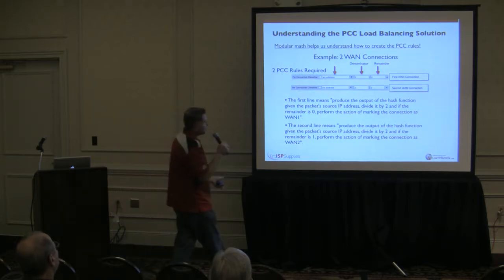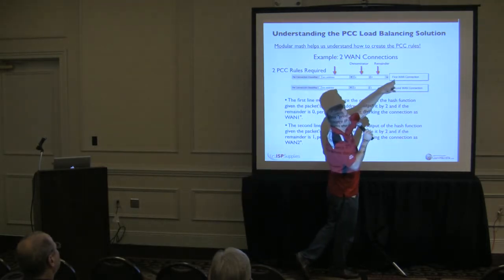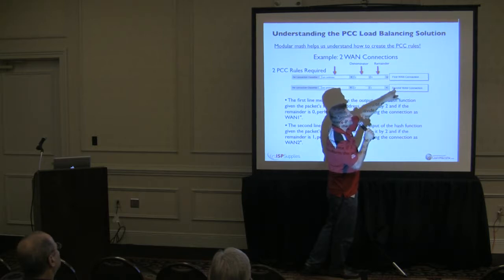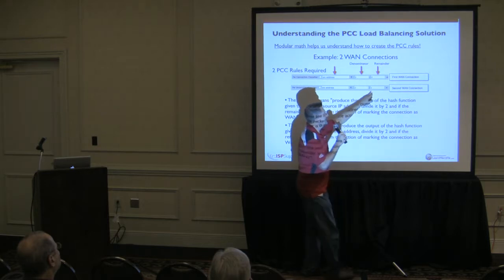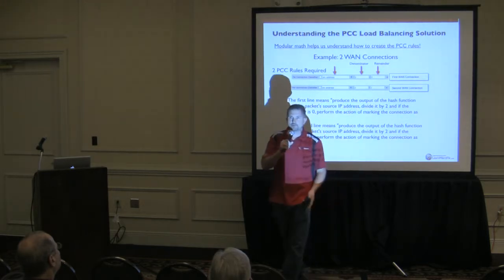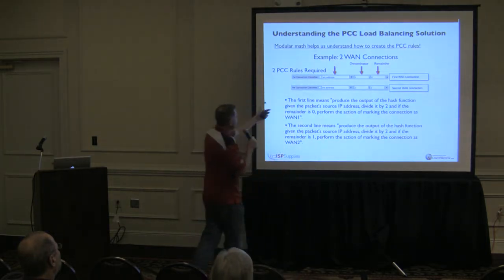Now, where it gets a little sketchy is the remainder. All you have to remember is that your first WAN connection will start with a 0. The second one will be a 1. You'll add a 1 to the 0. So if you had a third connection, what would you guess the third one would be? 2. Okay? Pretty simple.